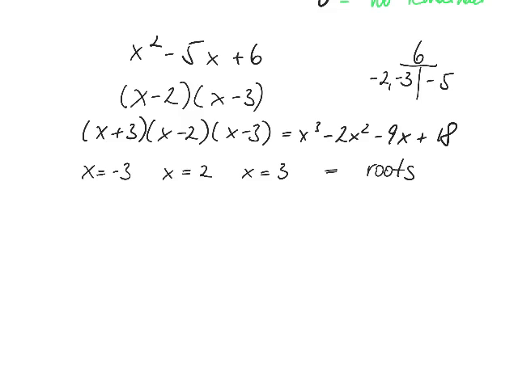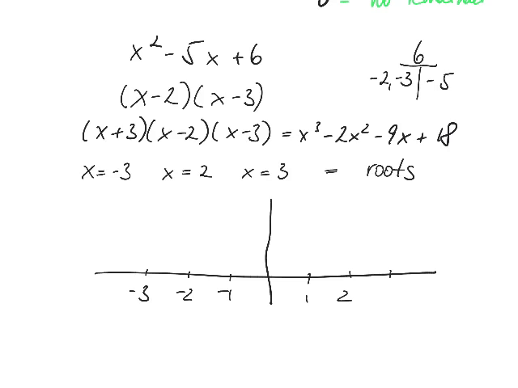So what would that look like? So we have a graph here, so minus 1, minus 2, minus 3, 1, 2, 3, let's go 4.